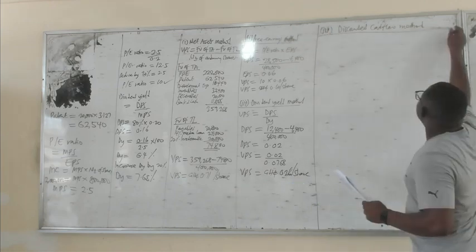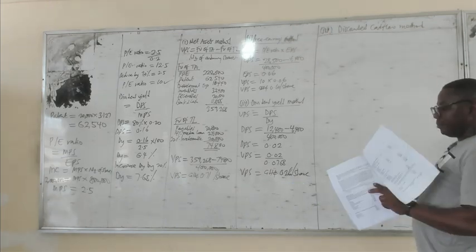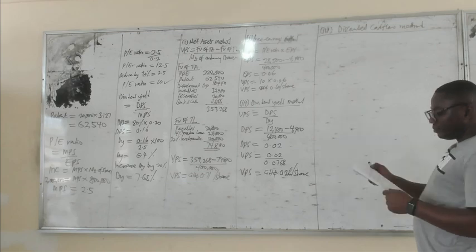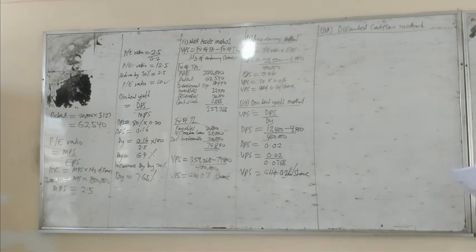So with the discounted cash flow method, we're going to discount the future cash flows into present terms because we are in 2016. The cash flows start from 2017 as given.